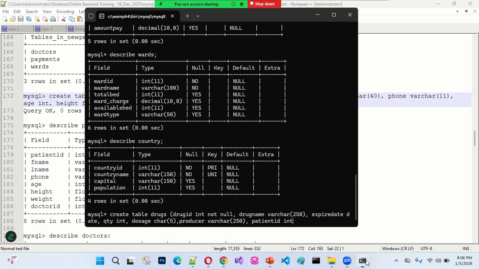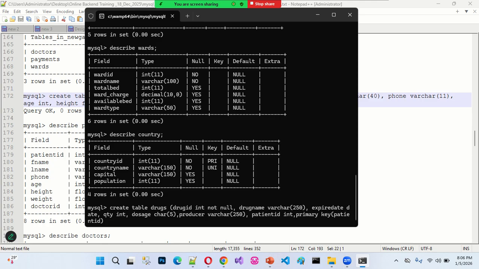So coming down here again, after this patient ID, comma, I will now add there and say primary key constraint. But the primary key I'm adding is going to be on the drug ID. That means out of all the columns I have here, drug ID, drug name, expire date, quantity, dosage, one of them is going to be a primary key, because I'm creating a new table, which is going to be drug ID.